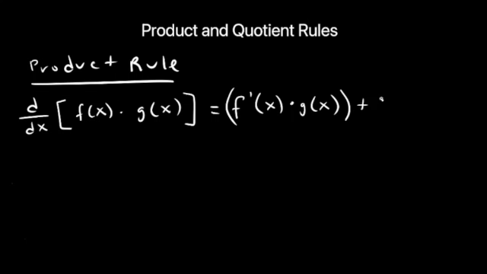Then you add it to the normal first function multiplied by the derivative of the second function.